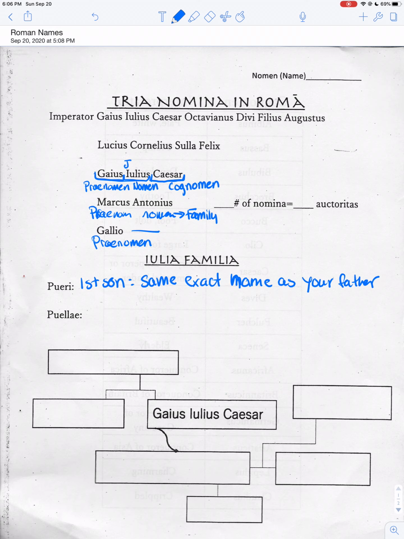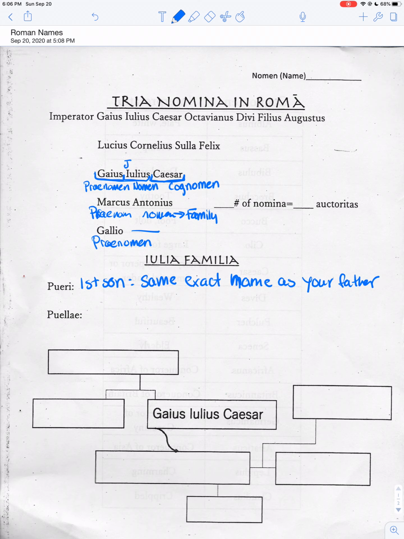So somewhere in Caesar's long line of ancestors, he had an ancestor named Gaius Julius. And then that man had a son, and his name was Gaius Julius. And so on until someone was like, okay, we need to tell these people apart. So what they did is they gave the name Caesar.